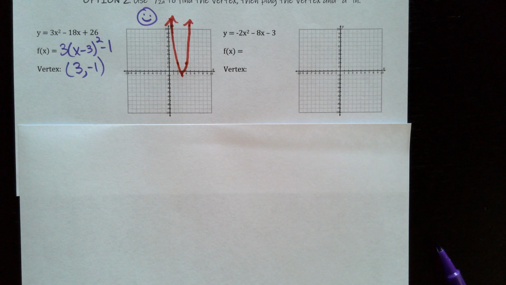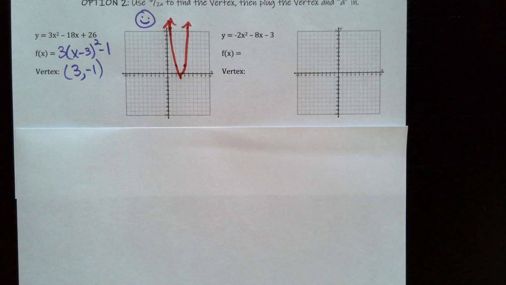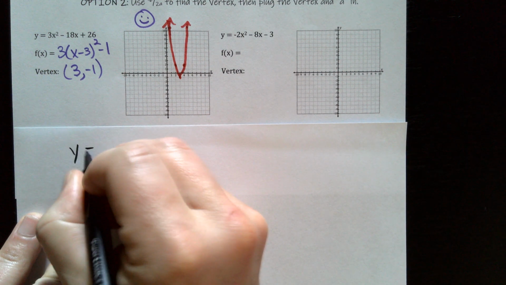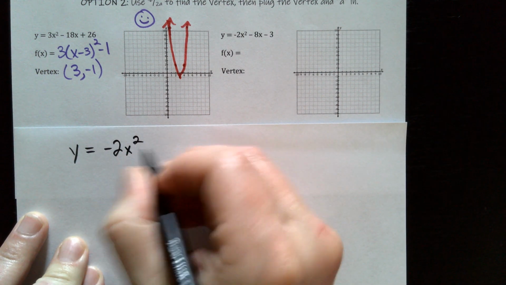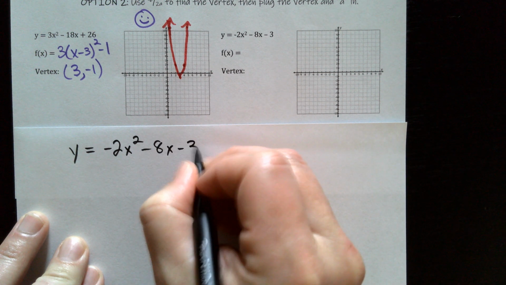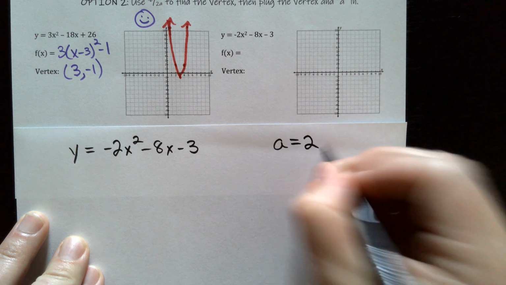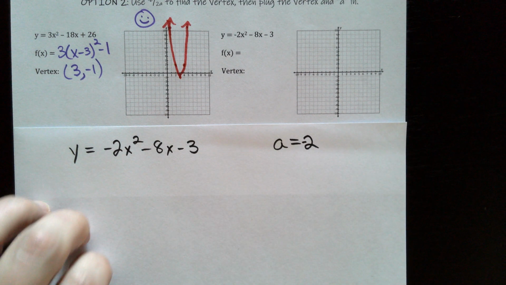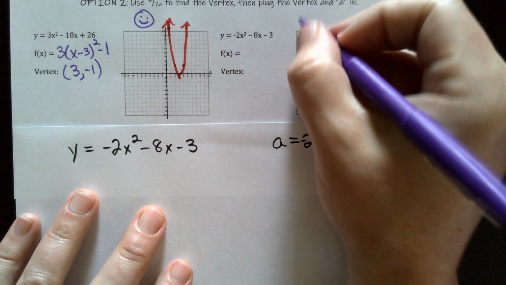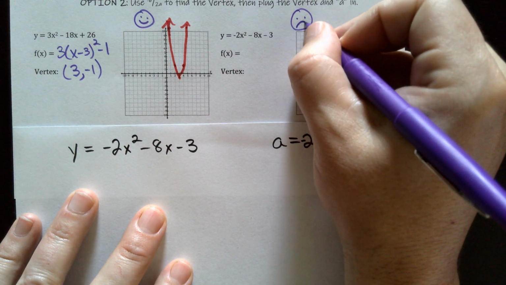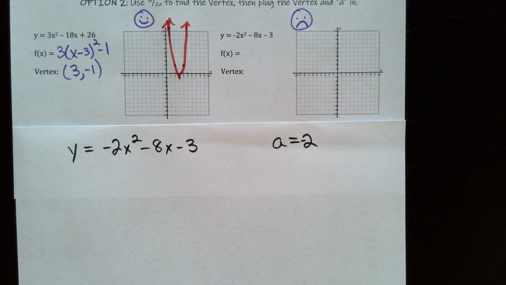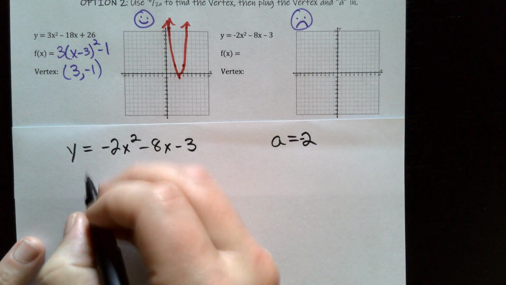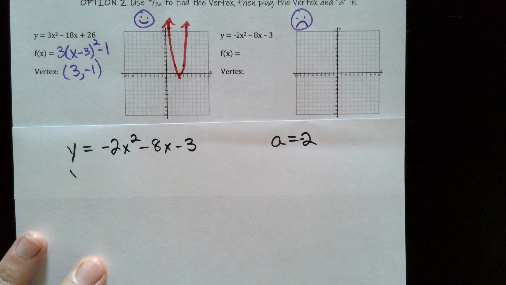Okay, last problem. So we're going to use also the negative b over 2a method here. So we've got y is equal to negative 2x squared minus 8x minus 3. A is negative 2. It's the number up front. And we can go ahead and say, since that's negative, this is opening downward. Okay.